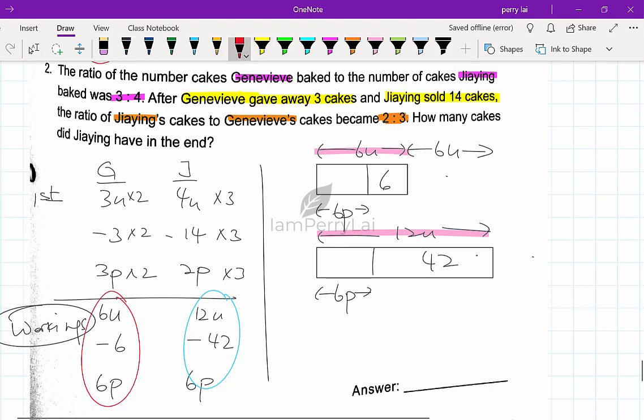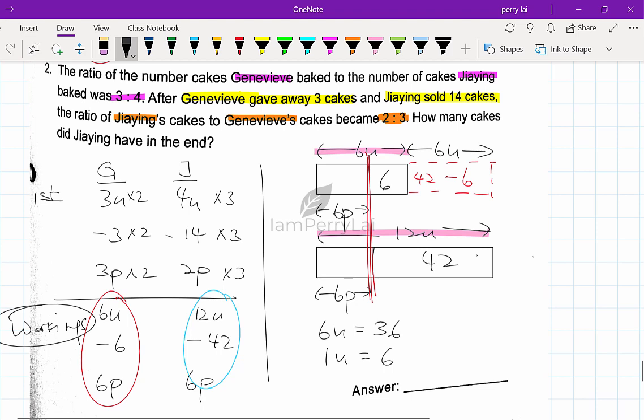And then can you see that this space here is actually 42 minus 6. Yeah? And that will give you the value of 6 units. So 6 units is 42 minus 6, minus 2, minus 4, so that makes 36. I got 1 unit is 6.